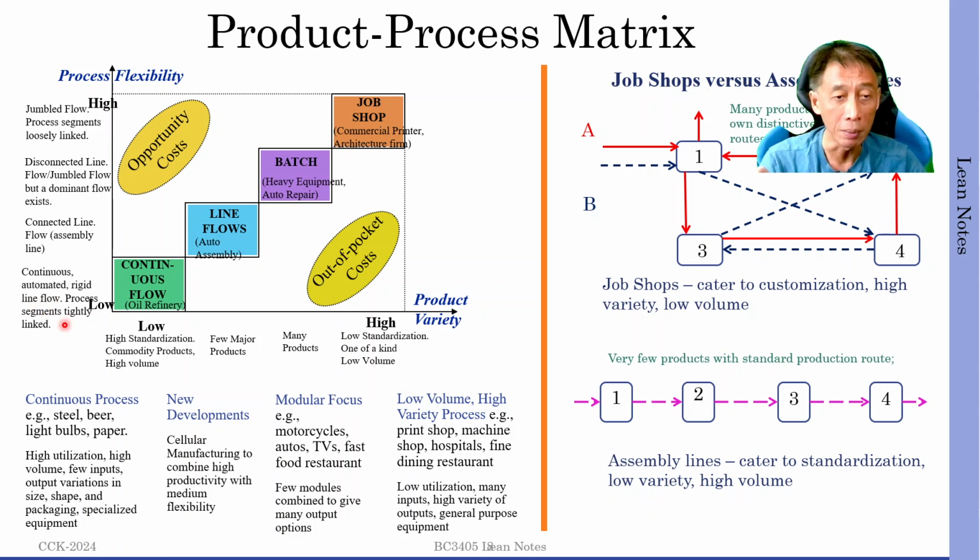Process segments are tightly linked, because after finishing the pressing of the shirt, next is the printing of the red color, then the printing of the blue color, then the printing of the green color, and then finally a heat treating process to burn in the colors, and then packaging. So continuous, it's like a very rigid flow.